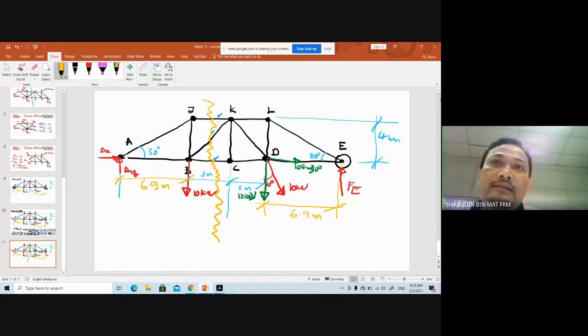So you can do analysis on your left hand side, or you can do the analysis on your right hand side. You will get the same answer. So what to do now is we try to do on your left hand side.